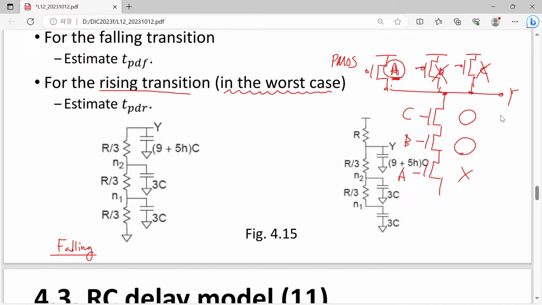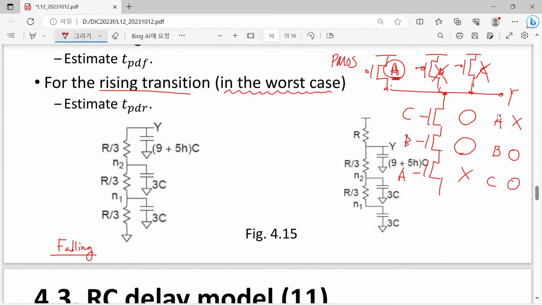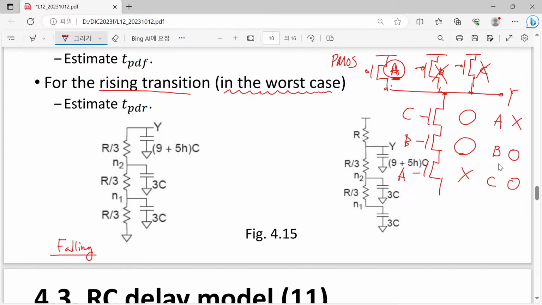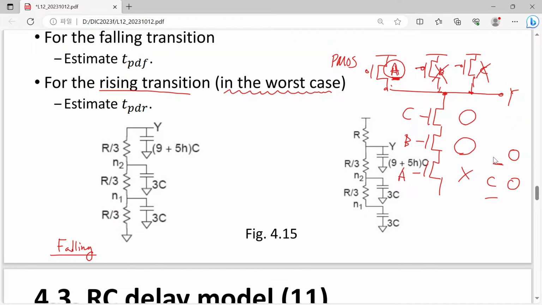This is the situation. Are you with me? Of course, if we have a different configuration like A, B, C, then what will happen? A is turned off and B, C are turned on. In this case, actually we cannot see any contribution from B and C. However, we are now talking about the worst case, and in the worst case, we have the turned on NMOSFET here, C and B. Then what will happen?